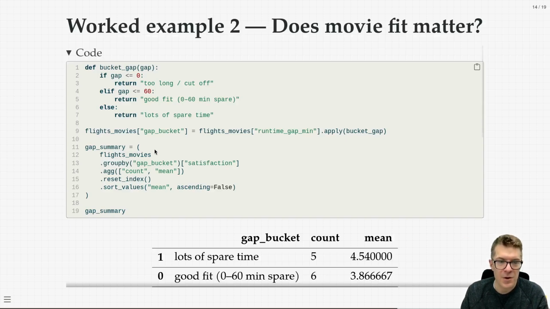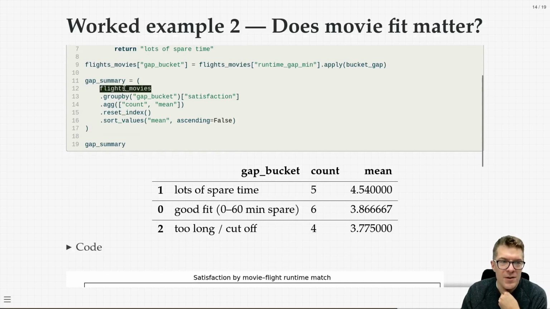Okay, so I want a summary. I still want to help our stakeholder make decisions. So now I'm going to go through the same kinds of descriptions that we saw a moment ago. We have flights underscore movies, my data frame. I want to group by this gap bucket, these labels that I just assigned on line 9.